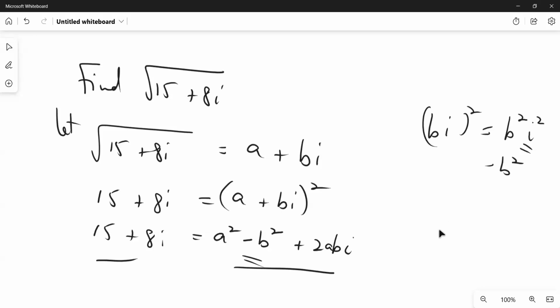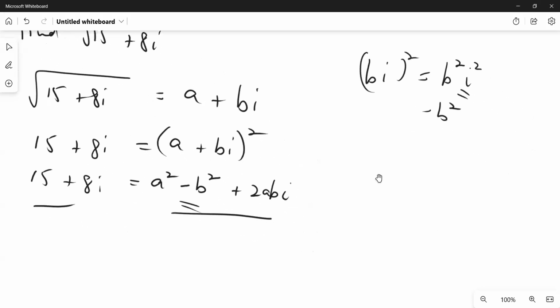Therefore, we can say that a square minus b square is equal to 15, and 2ab is equal to 8. This is the real part, equal to 15, and this is the imaginary part, equal to 8.